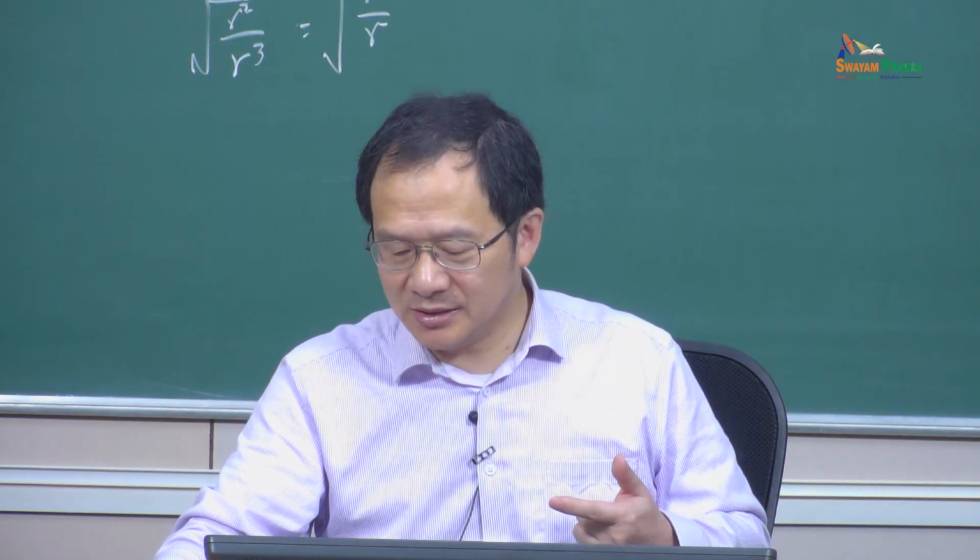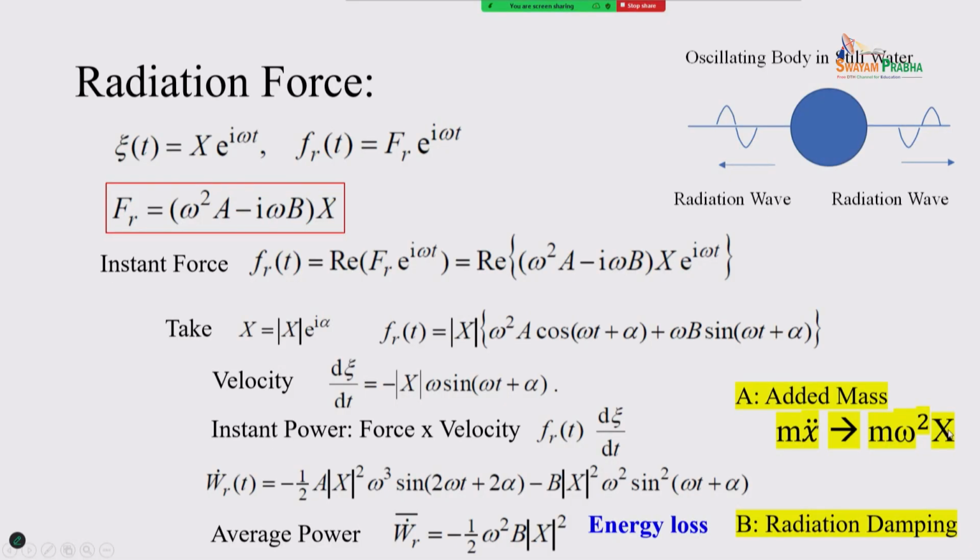Actually there is a negative sign, which I didn't put here. Compare this with A ω squared x, which is like m ω squared x. You will find A has the unit of mass and B has the unit of damping.